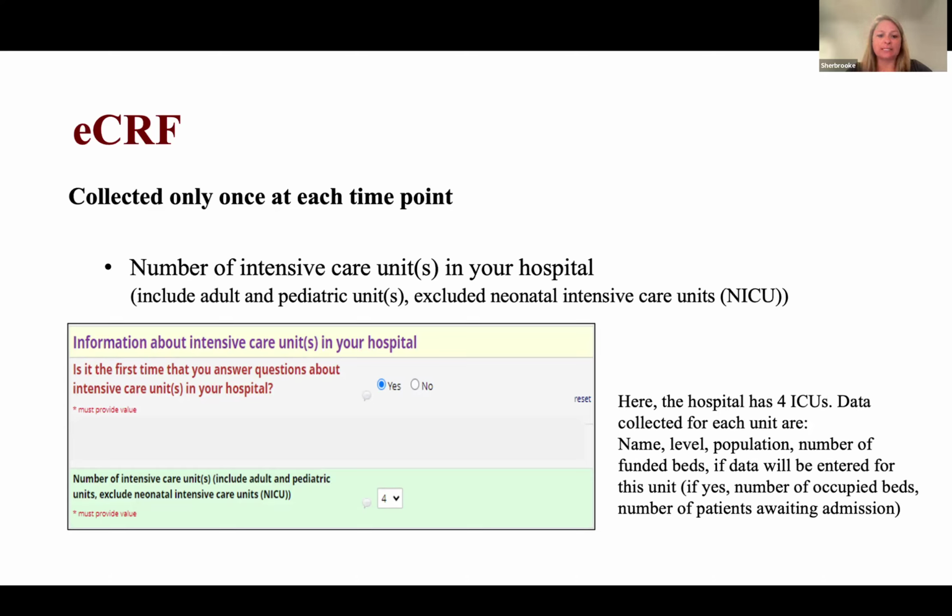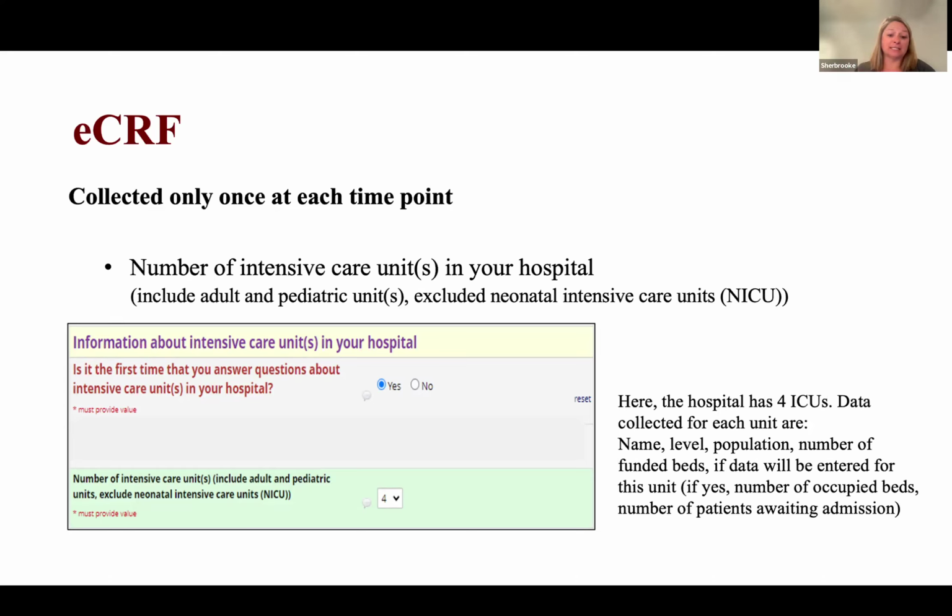For example, there are sites that have a lot of ICUs, like 10 ICUs, and they don't have the capacity or enough people in the team to collect data in all 10 ICUs at this time point. So for each ICU, they will have to indicate if they will collect data in this ICU or not.